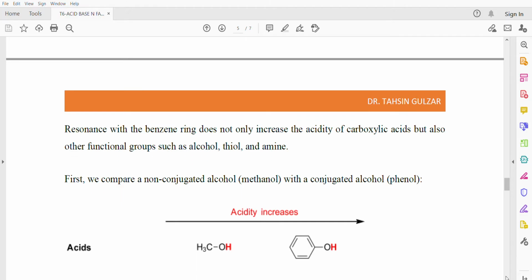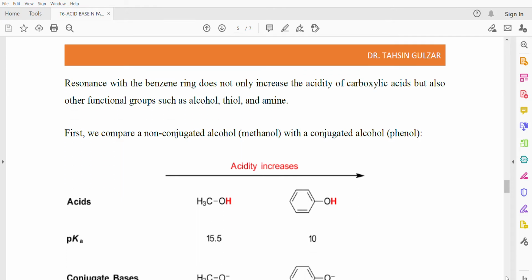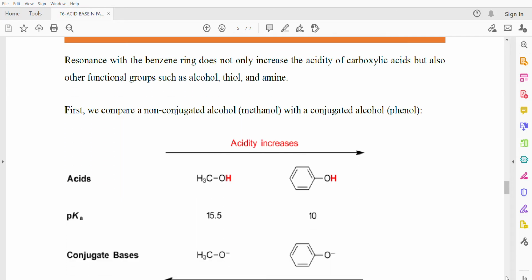Then due to resonance, this is methanol and this is phenol. You see the functional groups are the same, aromatic system and aliphatic system. The aliphatic system has pKa 15.5 and the aromatic system 10.